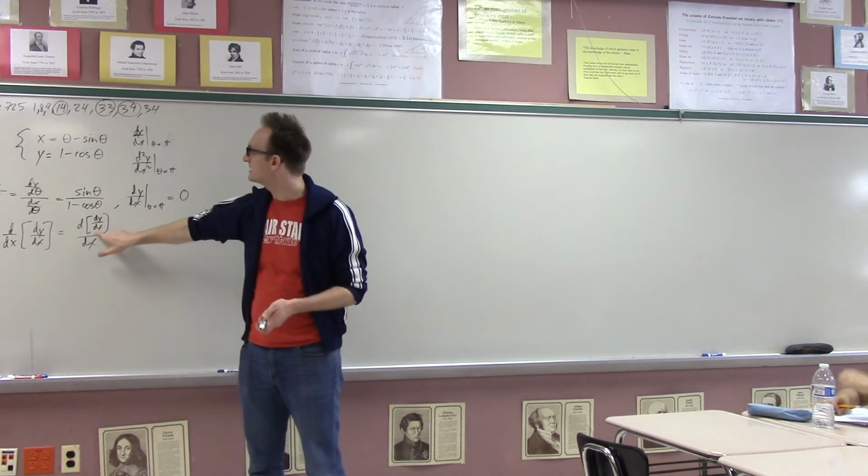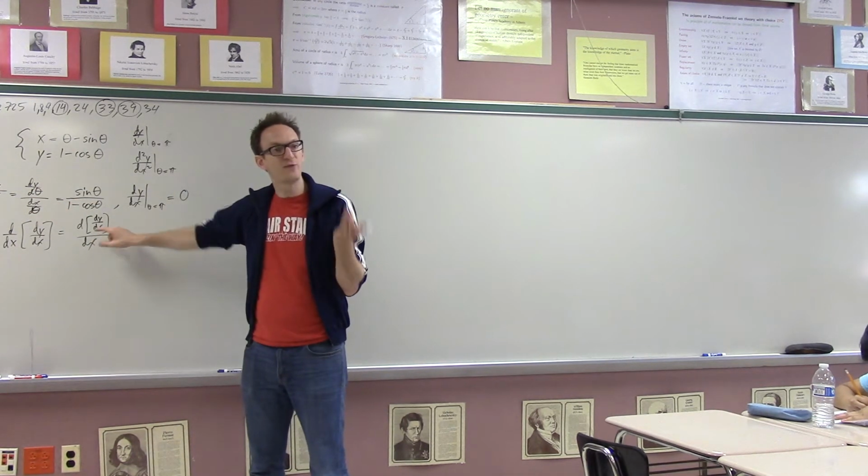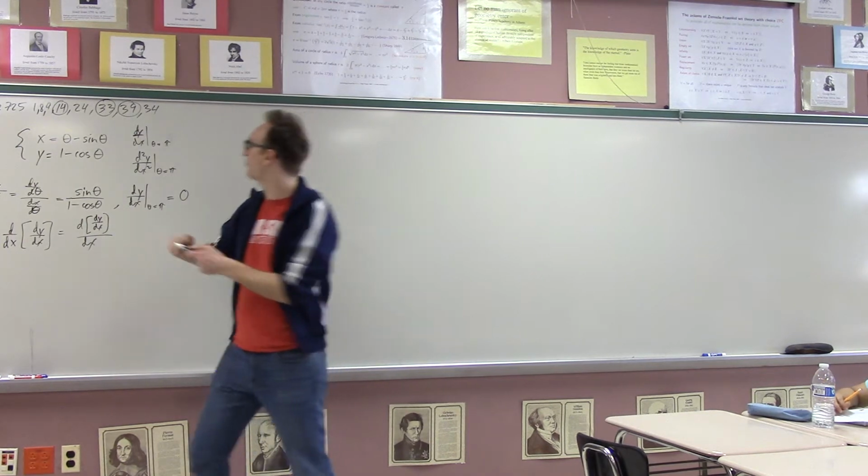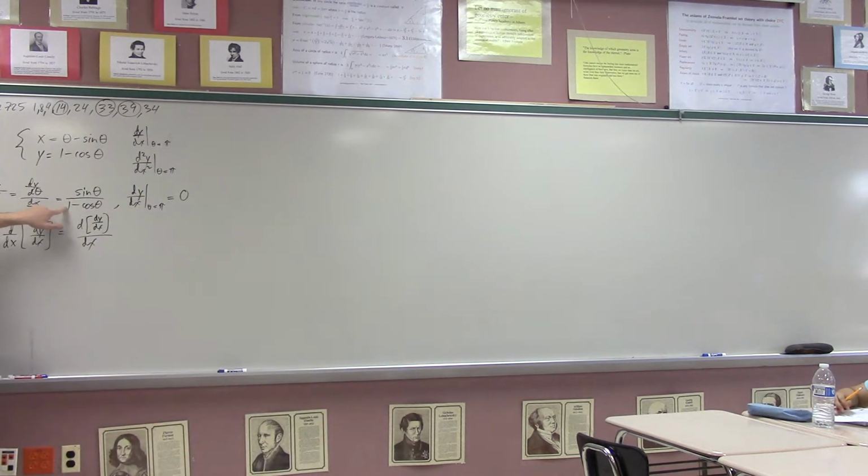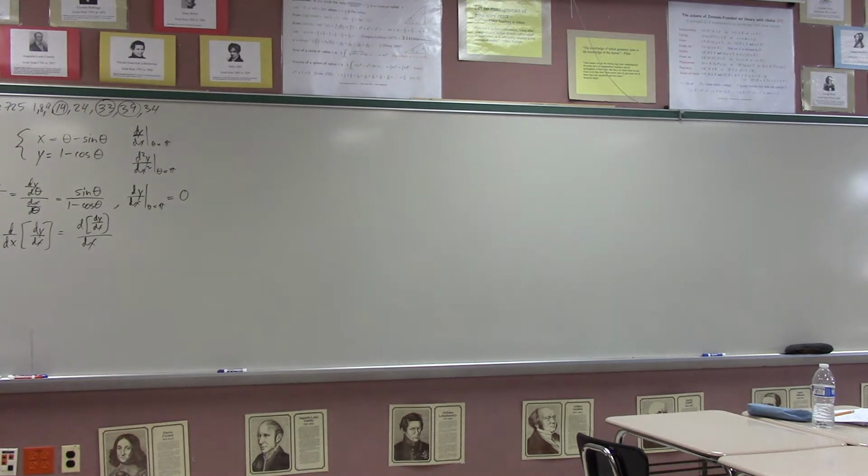Because dy/dx is a function of theta. In other words, there's a formula. In fact, this is the formula for the rate of change of y with respect to x for a particular angle theta. And so we're really just differentiating that formula with respect to x. Here we're differentiating y with respect to x, and since x and y each depend on theta, the answer is dy/d theta over dx/d theta.